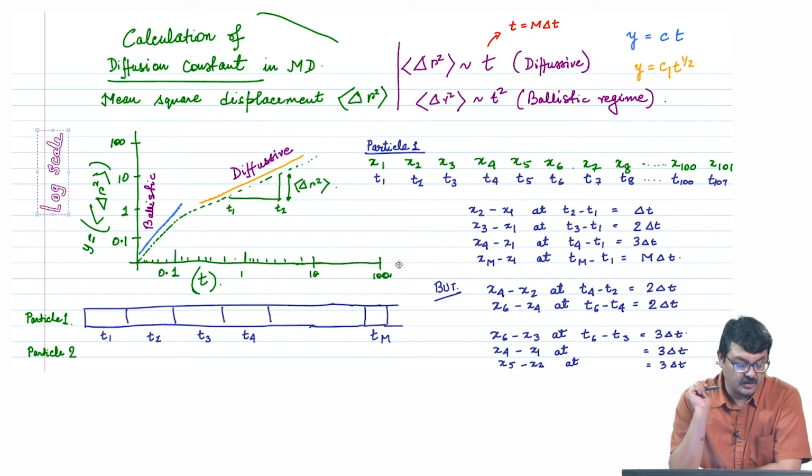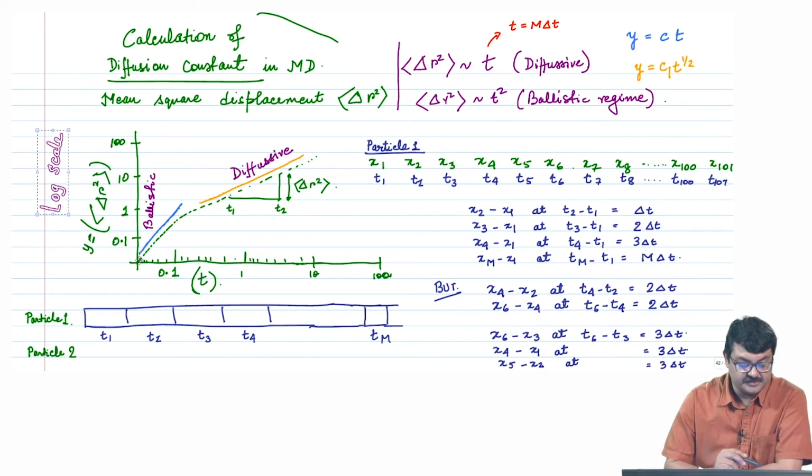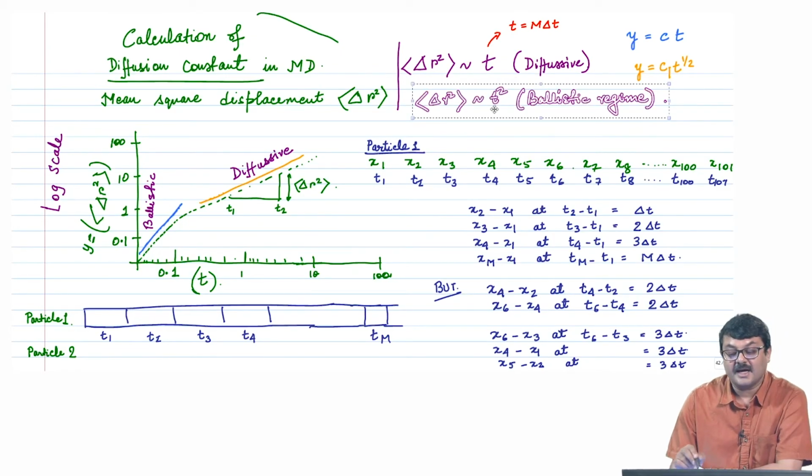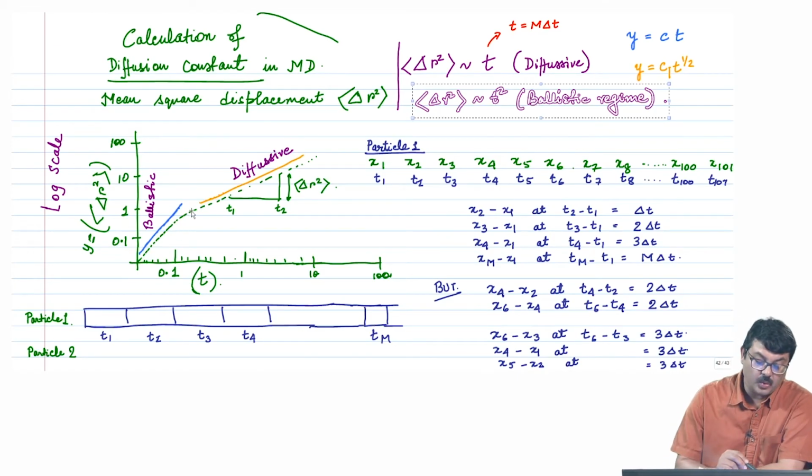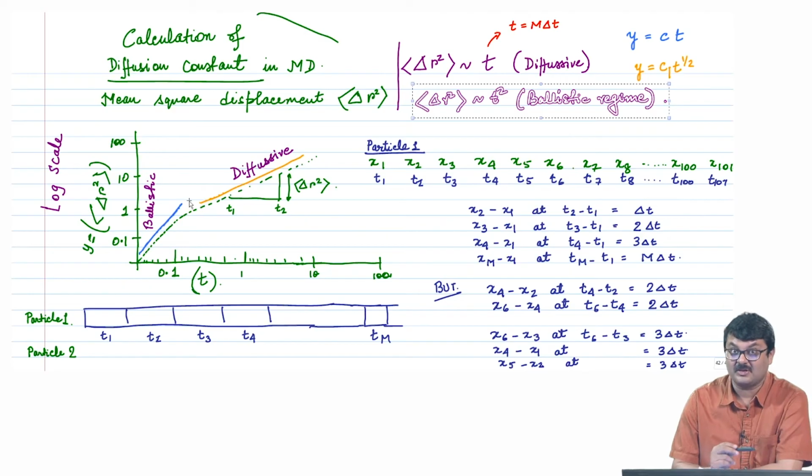you can use the log scale, and if you plot it like that, you will see that first the mean square displacement MSD will go as a straight line like this, where delta r square will go as t square, and that is the so called ballistic regime. And only after some time, around 1, I mean it really depends upon the density and the interaction, because for different interactions you will have different diffusion constants as well, right, that will decide the range of the interaction, whether it is purely repulsive, attractive, whatever.